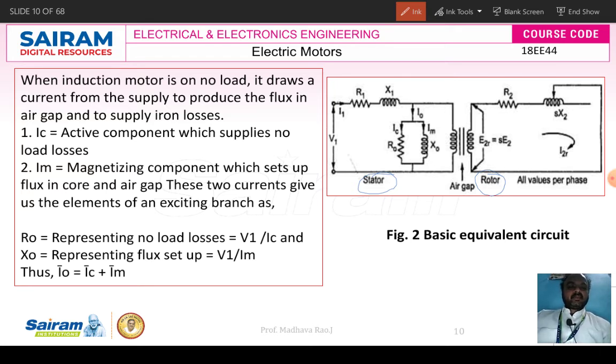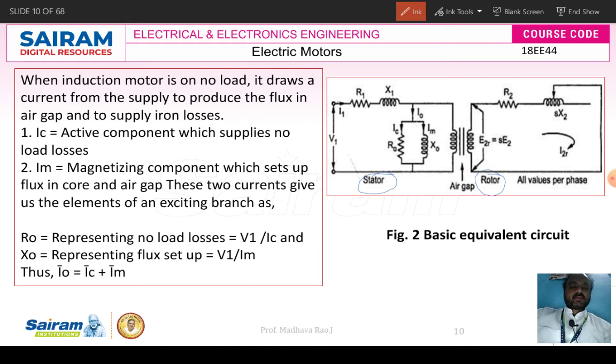The equivalent circuit diagram is as shown in the figure. It is similar to the working transformer equivalent circuit. Here we have R1, X1, R0, X0. All these values belong to the stator part. Even I1, IC, IM also belong to the stator part.